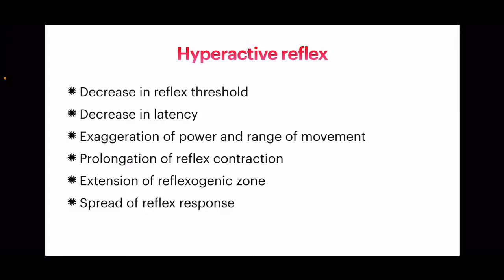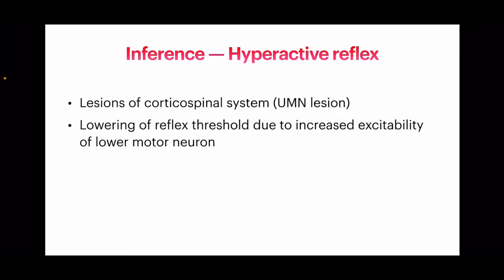And of course there will be a spread of reflex response. By the term spread of reflex response, we mean multiple groups of muscles can be involved. When you are trying to test one muscle, other antagonists or nearby muscles can get involved. So this is what is called spread of the reflex response.